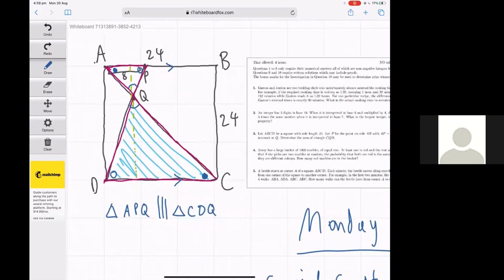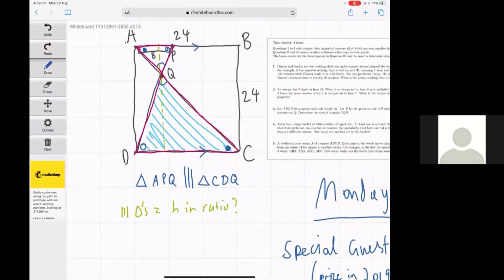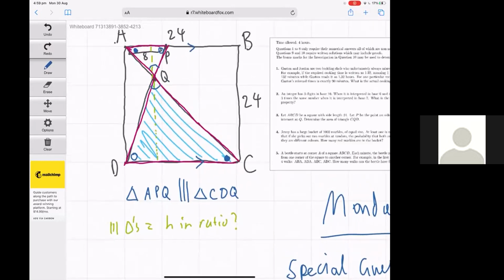And we know what proportion they are similar in. We can actually prove that the heights are in the same proportion as the triangles. So all the lengths in APQ are 1/3 of the lengths in CDQ, because AP on its corresponding side, CD, is equal to 1/3.